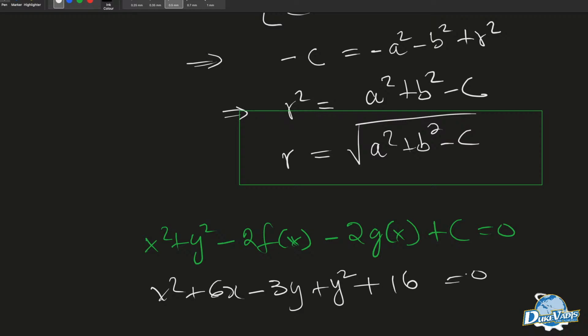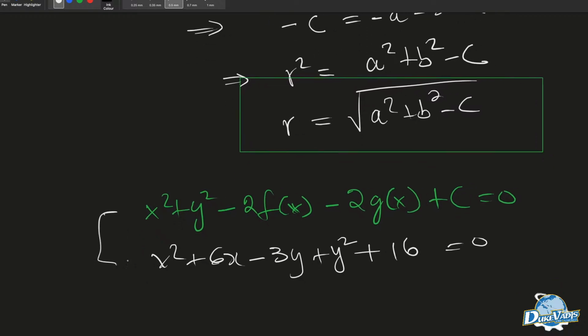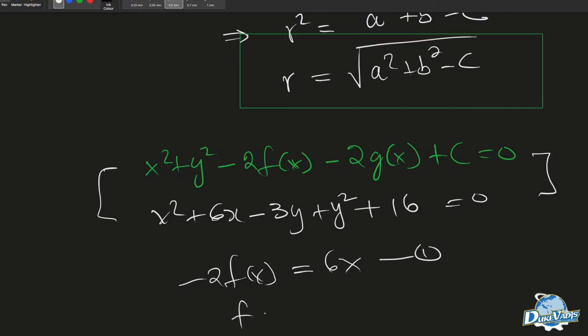All I have to do is compare these equations. If I compare this and that, I will say minus 2f of x is equals to 6x. One equation. So when I solve it, f will give me 3.